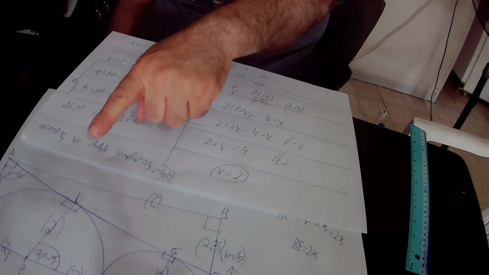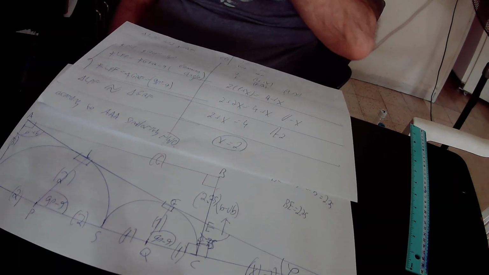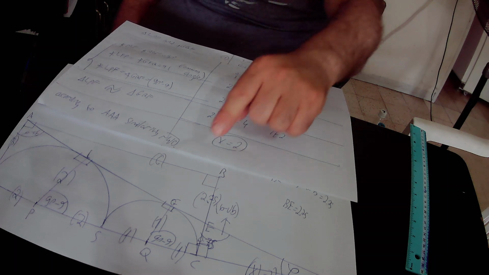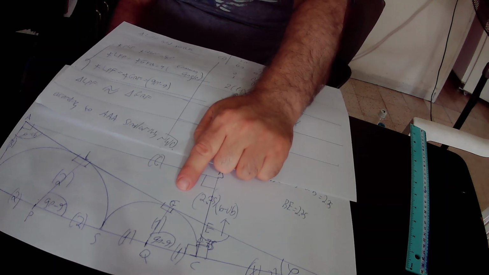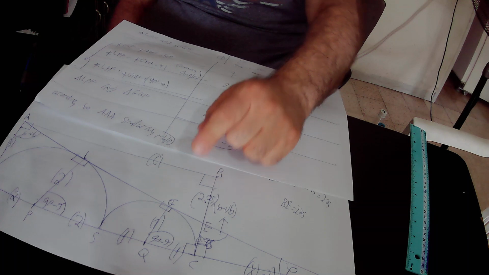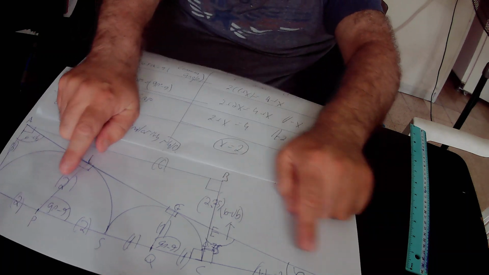LP is the radius of this big semicircle, that equals 2, over GQ. GQ is the radius of this small semicircle, that is equal to 1, and it is equal to PF, PF in total.